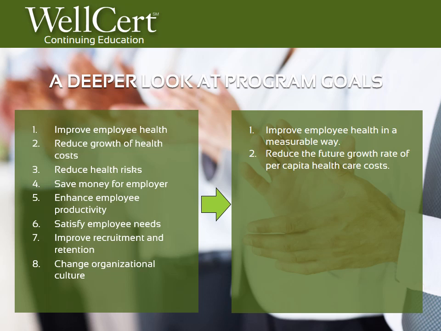Is that future costs? The clarification would be reduce the future growth rate of per capita health care costs. So that's where I'm looking at the numbers of employees and divided into the amount to give me a per capita cost. And that's oftentimes what we call medical trend.